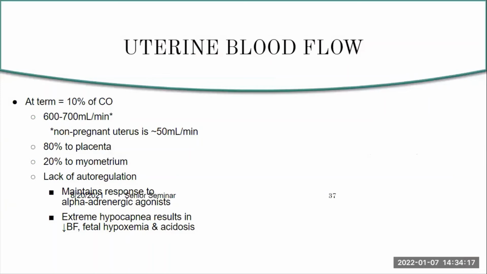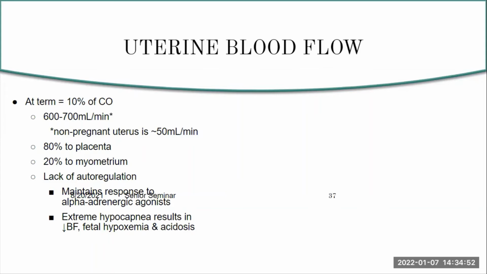We will continue talking about the uterine blood flow. At term, the cardiac output to the uterus is increased by 10%. That is roughly 600 to 700 mL per minute. The non-pregnant uterus, in comparison, receives only 50 mL per minute. About 80% goes to the placenta and 20% goes to the myometrium. There is a lack of auto-regulation, and the blood flow is maintained in response to alpha-adrenergic agonists.